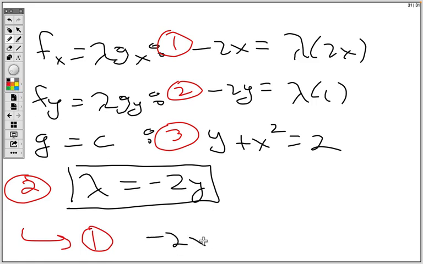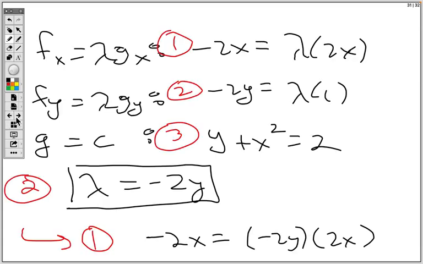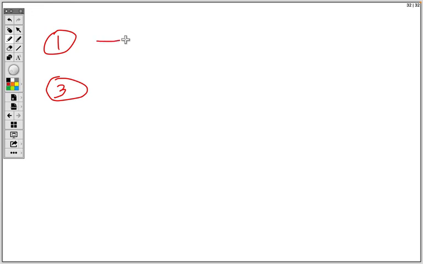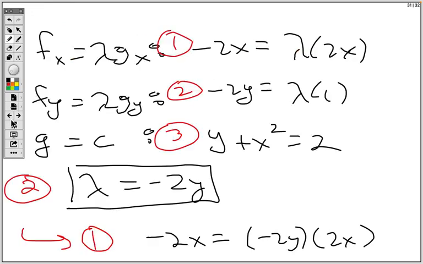And I would have minus 2x is minus 2y times 2x. And so now I have the system. I got the new equation 1, and then I've got the old equation 3. Minus 2x is minus 4yx, or minus 4xy. Then I've got y plus x squared is 2.